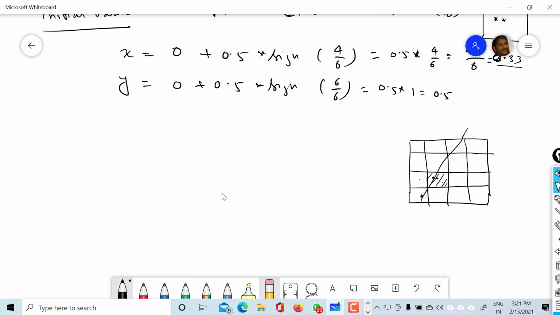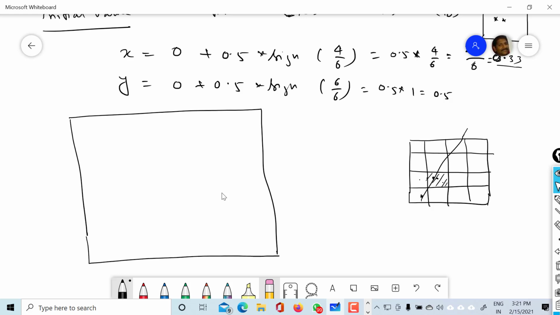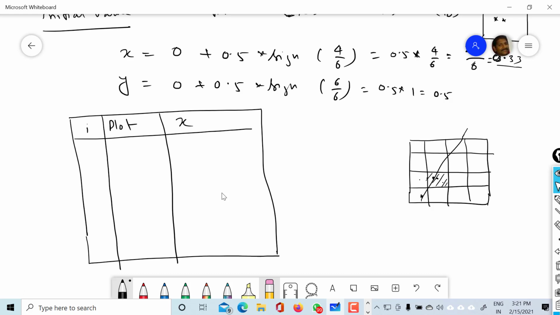I am making a chart here so that we can make this calculation faster, because now I expect that you know the basics of the DDA algorithm. This is the iterative value of the variable, that means y. This is plot, that means which pixel we should turn on. This is the x value and this is the y value.